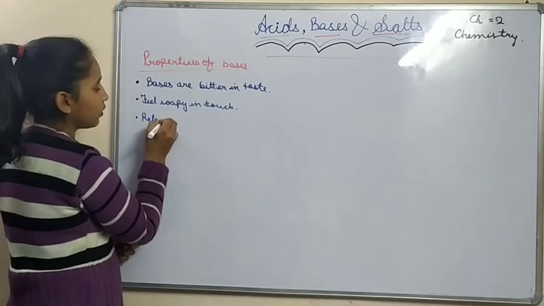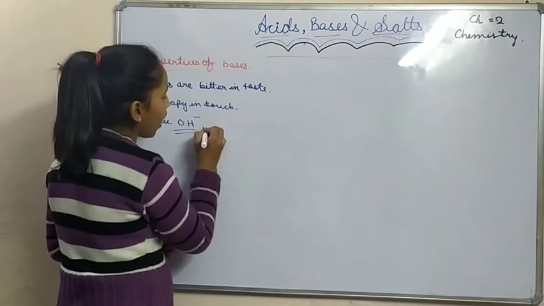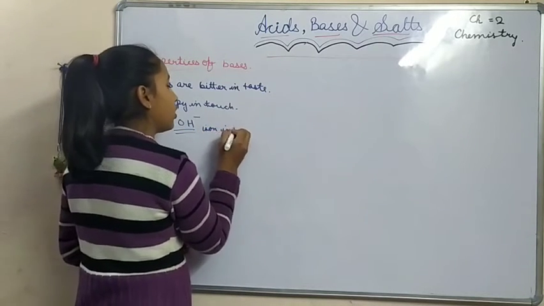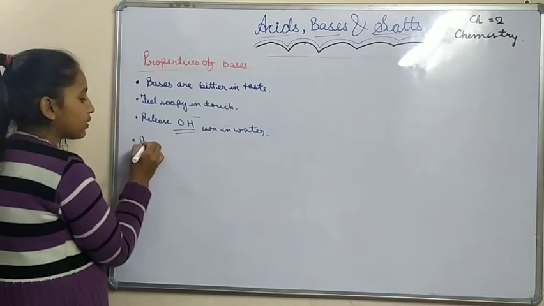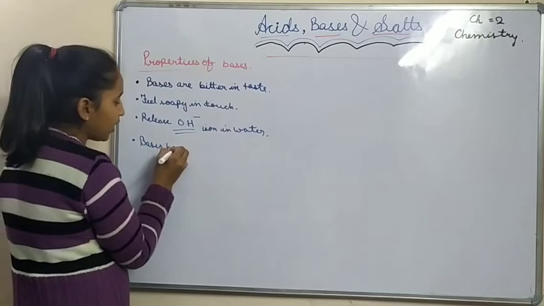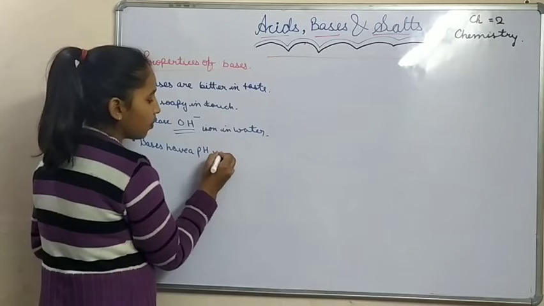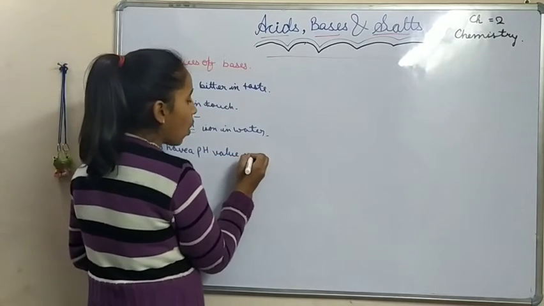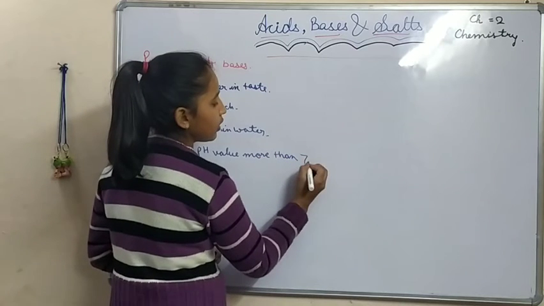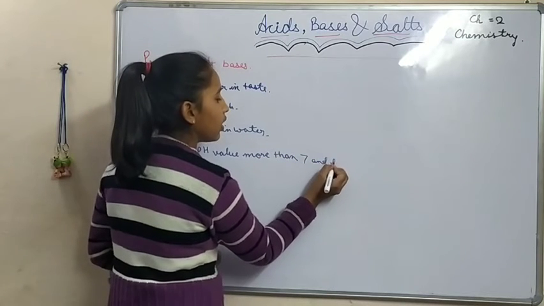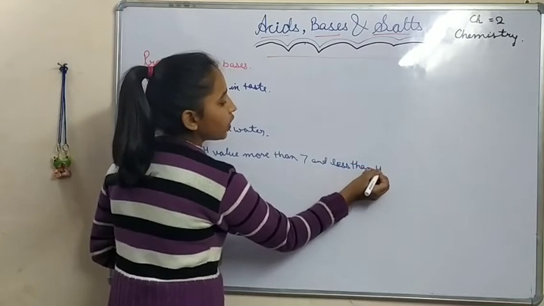Bases release OH negative ions in water, and bases have a pH value more than 7 and less than 14.